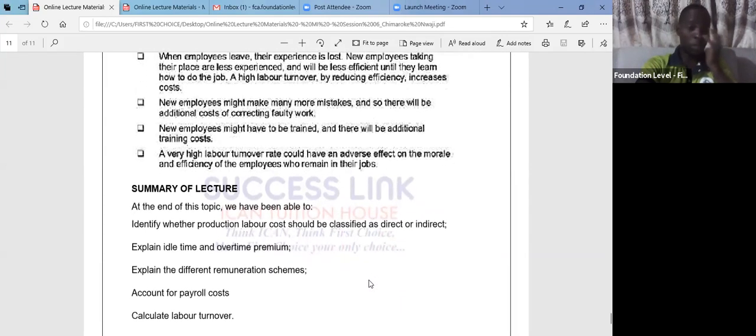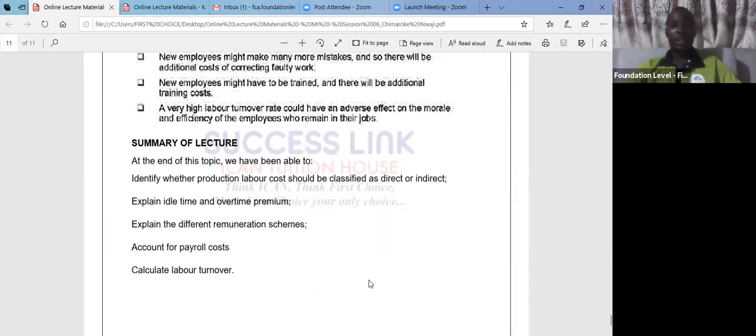So far so good. We have seen how we can classify production labor either as direct or indirect labor. We've seen that direct labor has to do with laborers doing the actual production of the goods and services, while indirect has to do with those who are not directly involved in the production of goods and services.